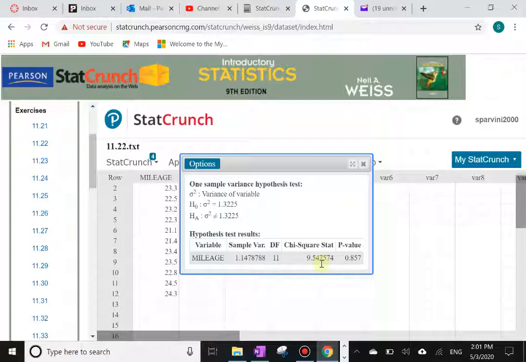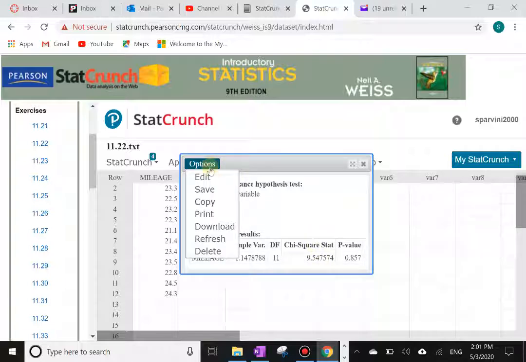So again, on the homework or exam, whichever you're given, if you're given the sample standard deviation, use summary stats. If they don't give you that, they just give you the data, then use the data option. And that's it. Now for the confidence interval, options, edit.